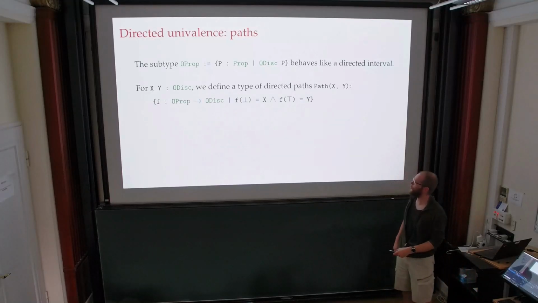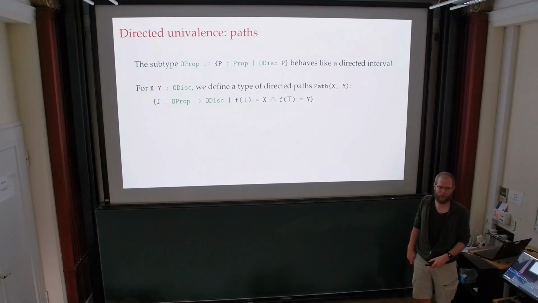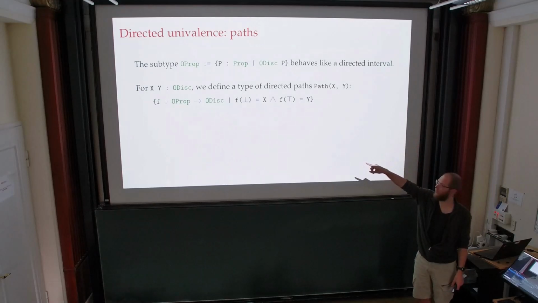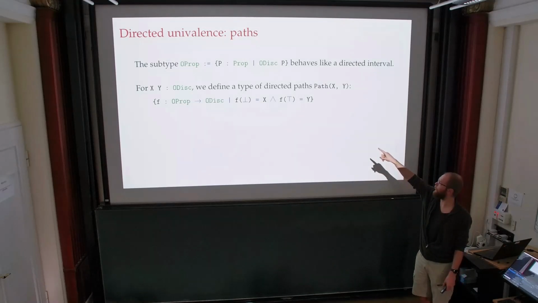Okay, so what is a directed path? It's going to be a function from OProp, this directed interval thingy, I claim, to the universe ODisc, such that false is mapped to x and true is mapped to y.